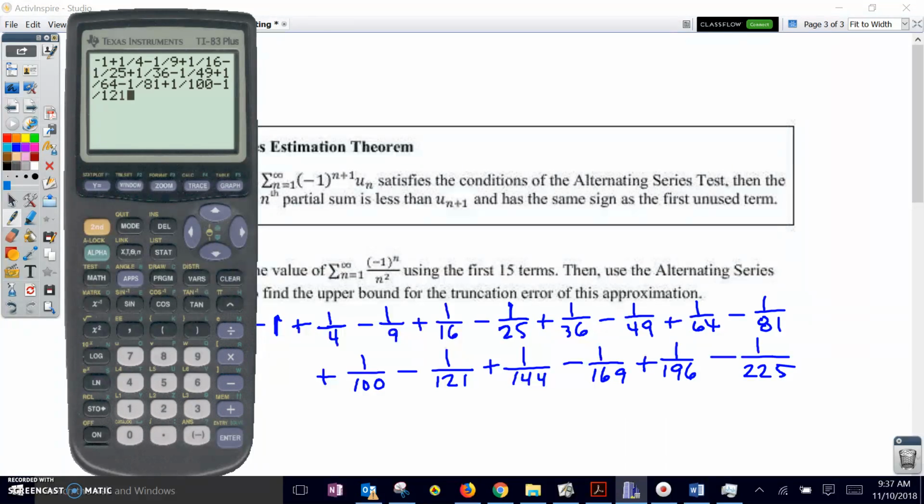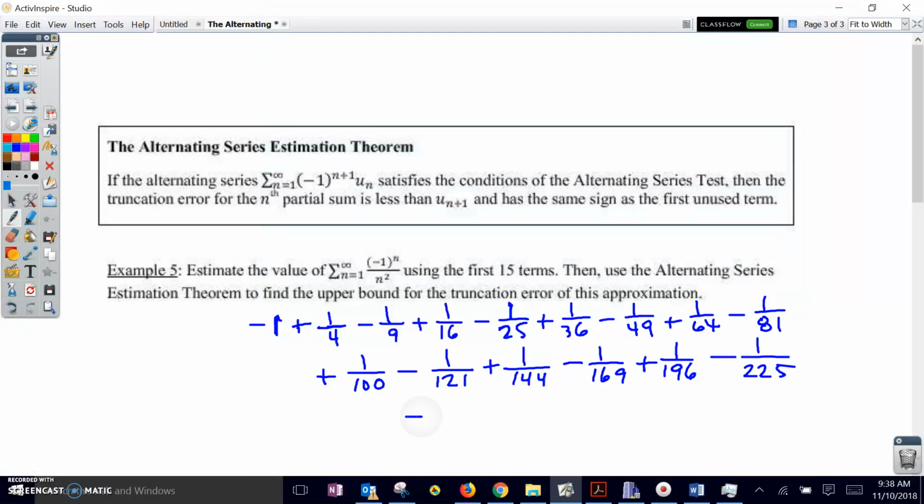Almost there. All right, and we get as the approximation for this -0.82454.